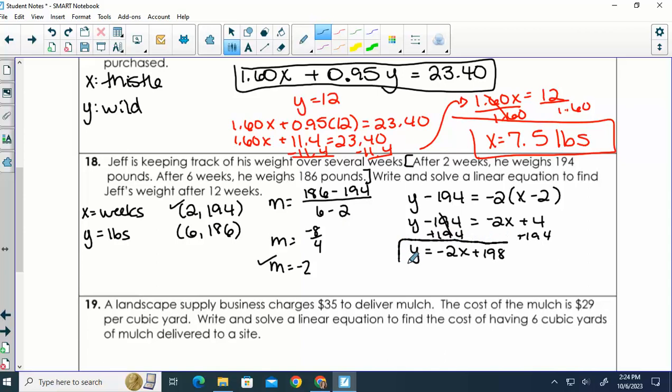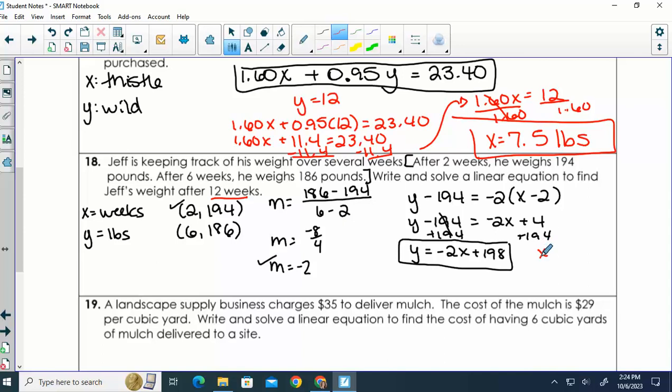So that's the equation. Now, we go back and we do the second part. Write and solve the linear equation to find his weight after 12 weeks. What variable is weeks?